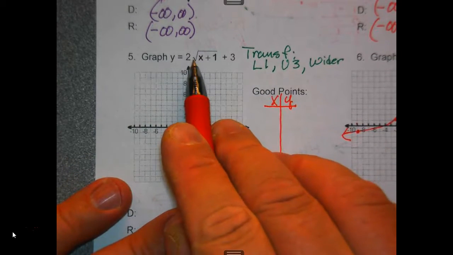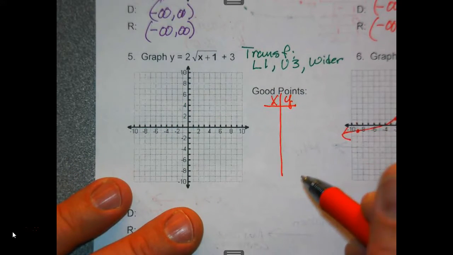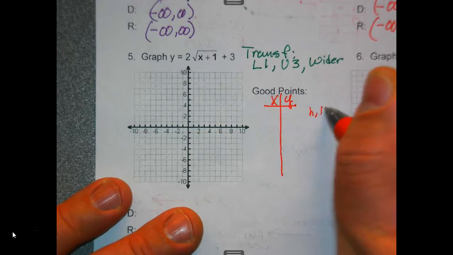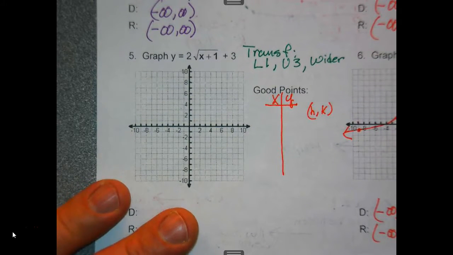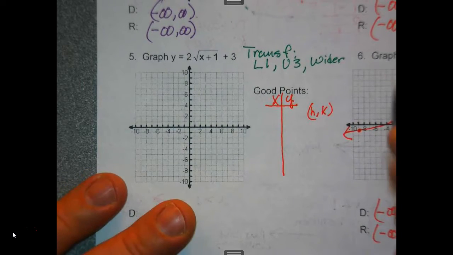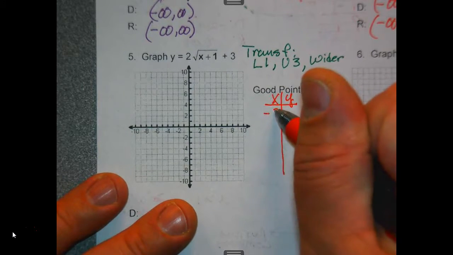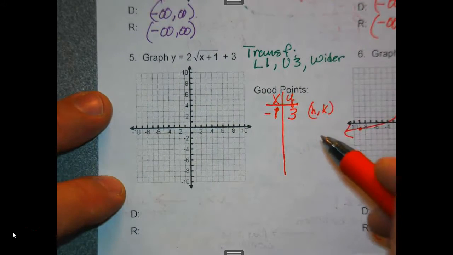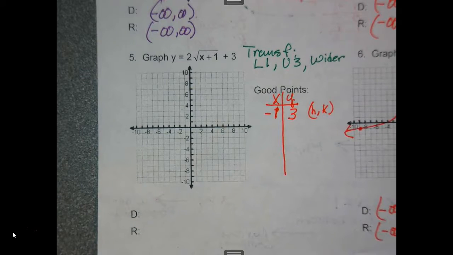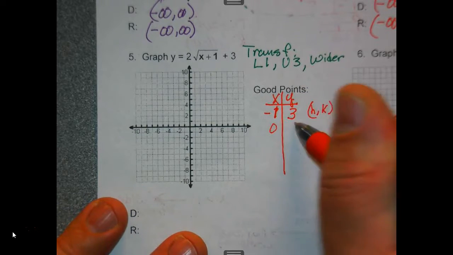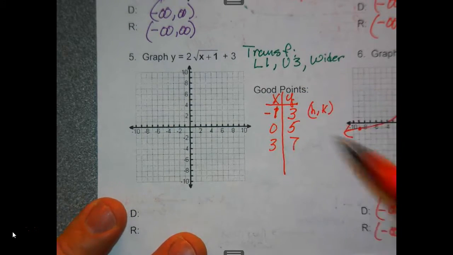This is a square root. So I only need 3 points. It starts at my HK. My HK is -1, +3. Okay. And then we get, what were the good points? 0, 5 was one of them, wasn't it? And what? 0, 5, 3, 7.